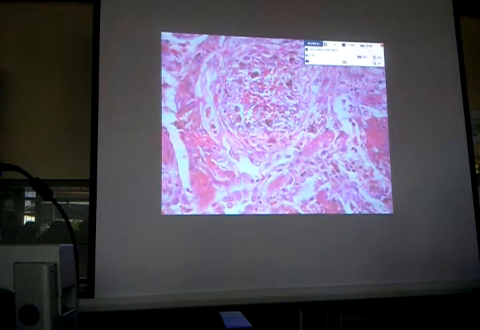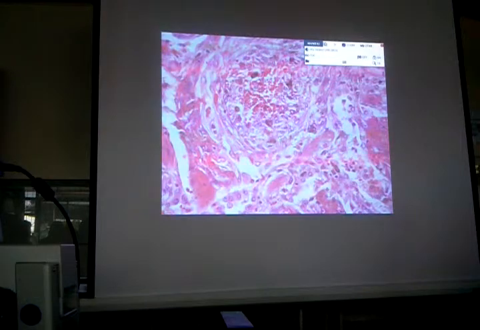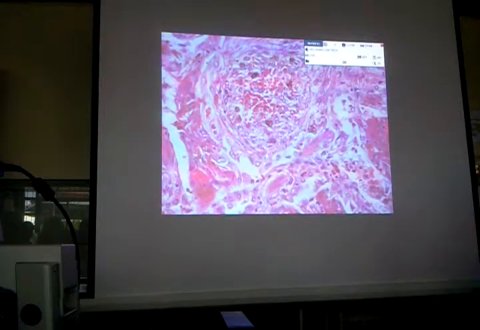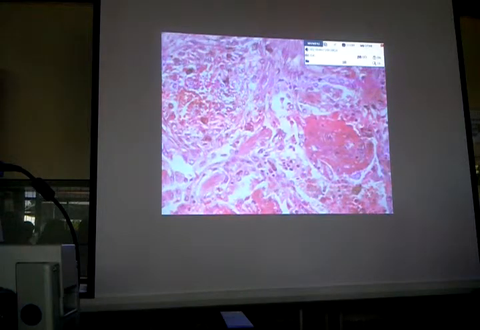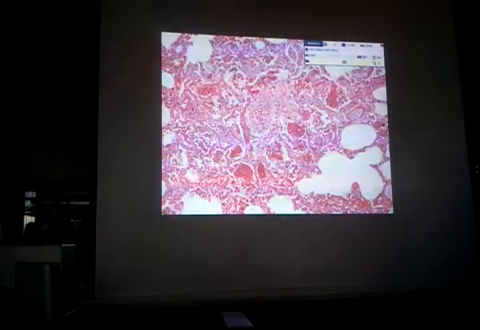Again, the activation of the complement system will recruit the white blood cells and become infiltrated to the wall of the blood vessels. So, vasculitis and then extravasated red blood cells. Red blood cells which are already released from the blood vessel wall. Goodpasture's.